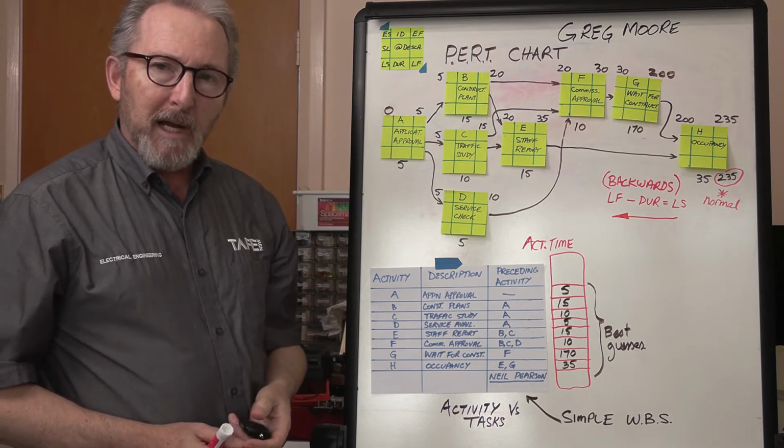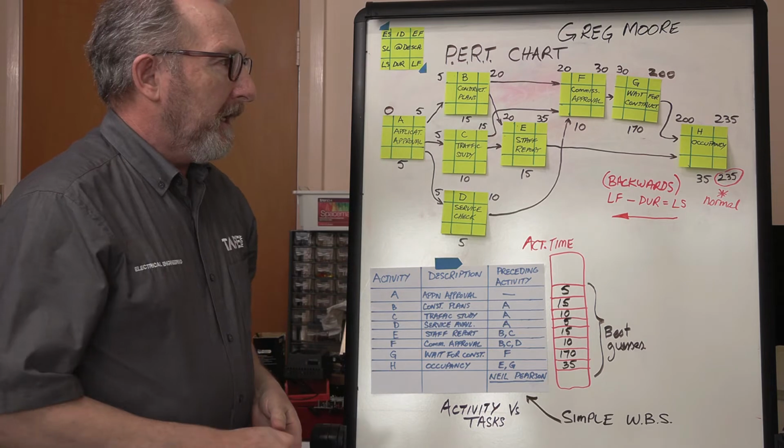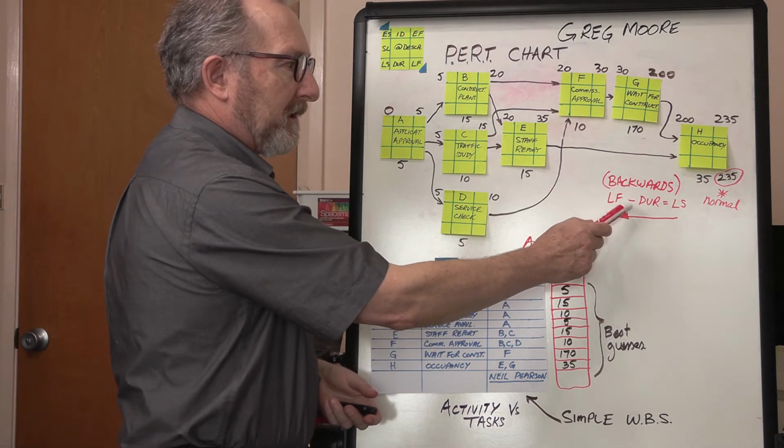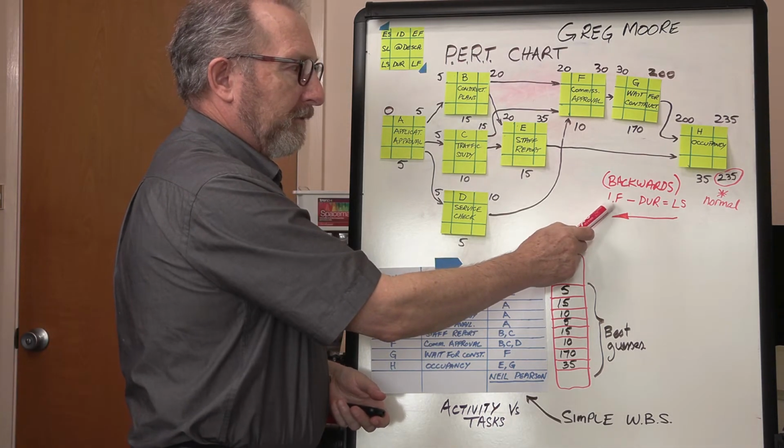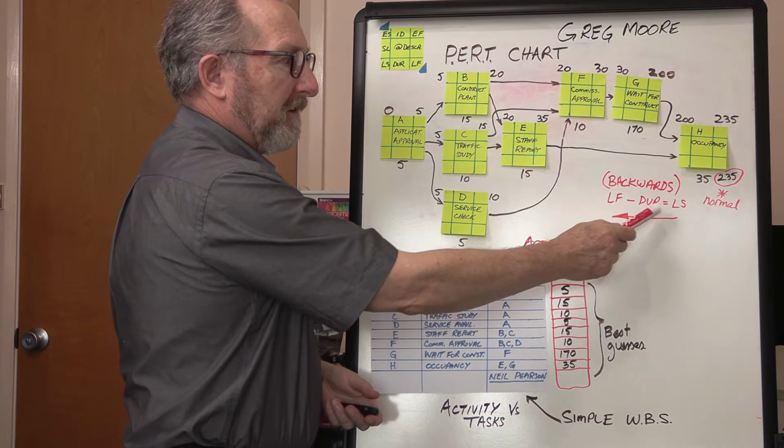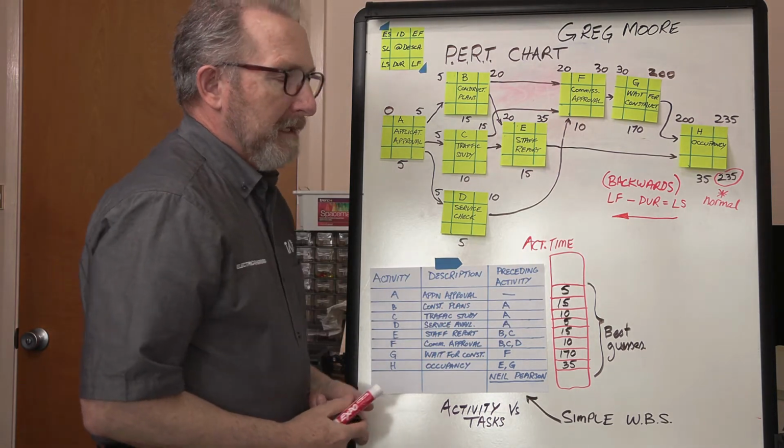So with the backwards pass, what we have to do is subtract the duration from the late finish time to give the late start time.